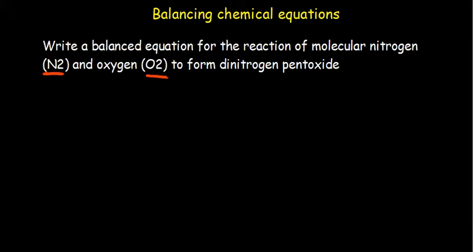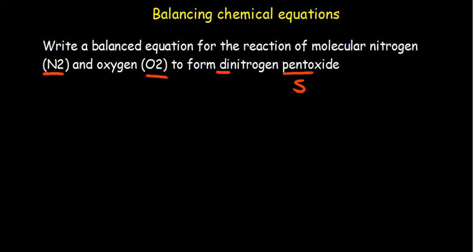Di means 2, pento means 5, and that comes from the names of the polygons, pentagon, so that is where the pent is coming from. And then oxide is oxygen.